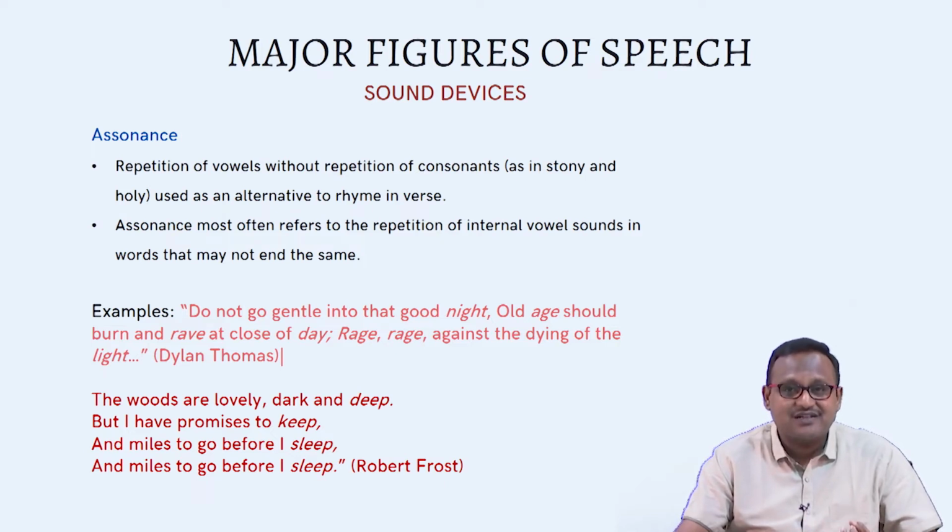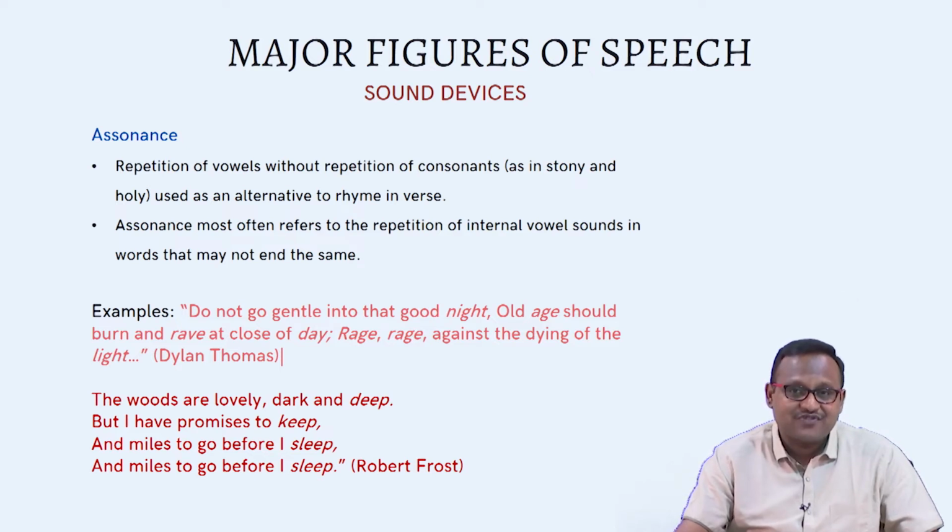There is an internal rhyme that follows here, the sound of a, and that comes at certain intervals and thereby creates a kind of musical impact. So, assonance, like alliteration, is a music lending device to poetry, roughly speaking.